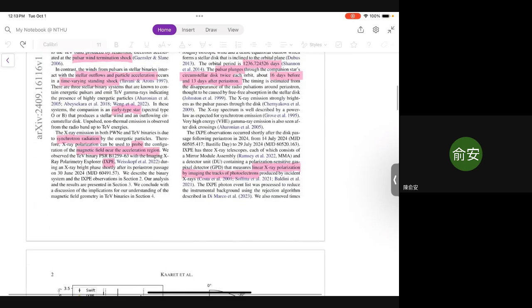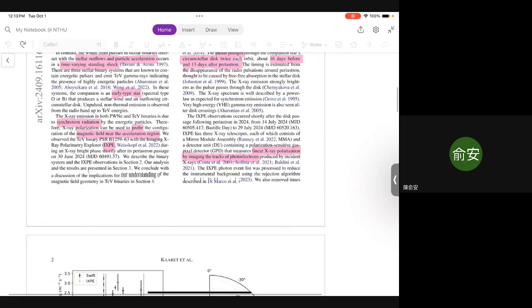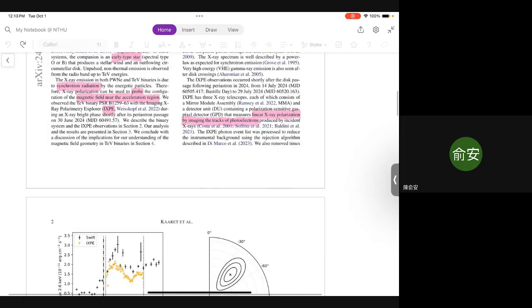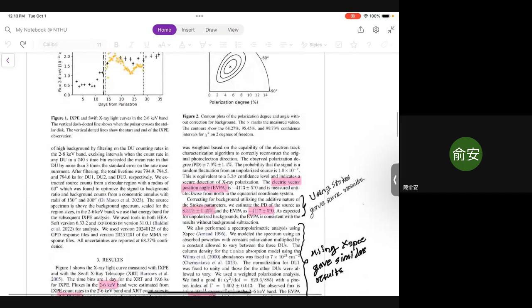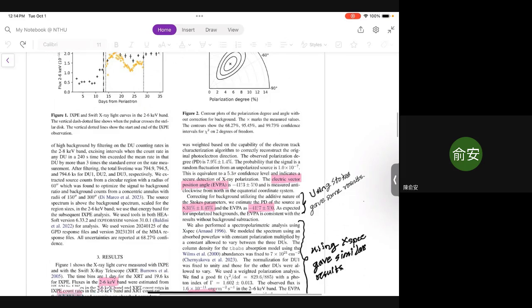So IXPE works using linear X-ray polarization by imaging the tracks of the photoelectrons. That's how the instrument works. And in this paragraph, they say how many observation seconds they got, which detectors they used, and how they cleaned the data.